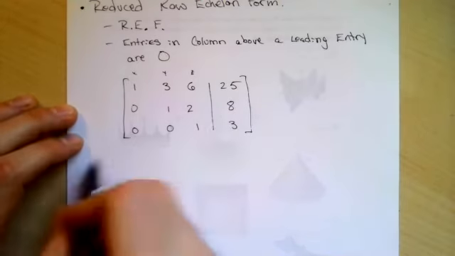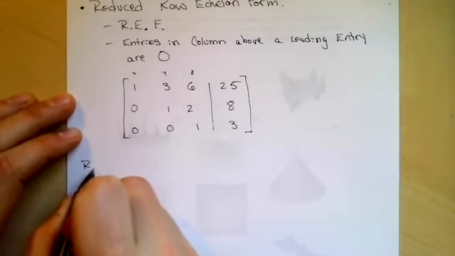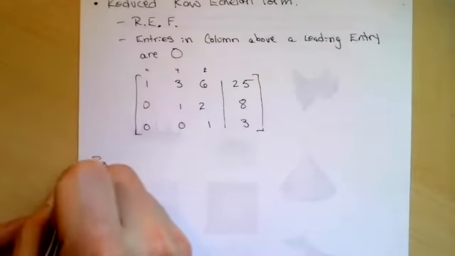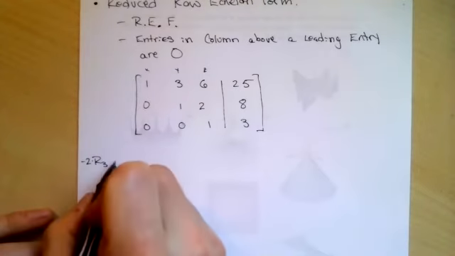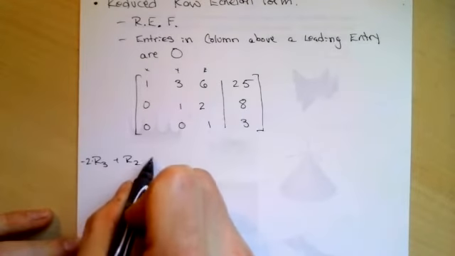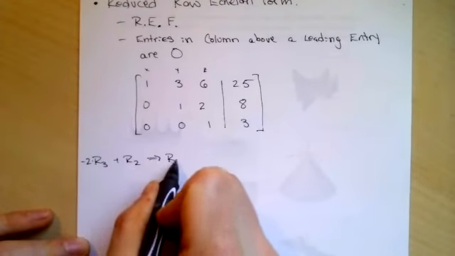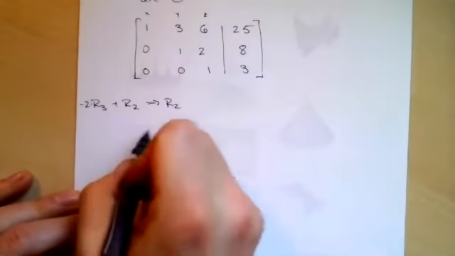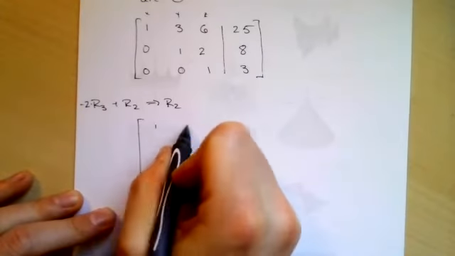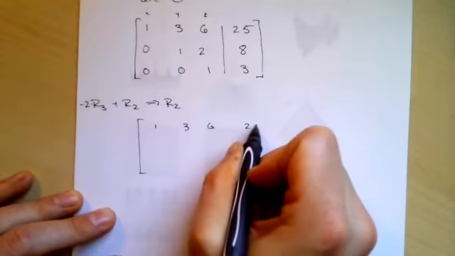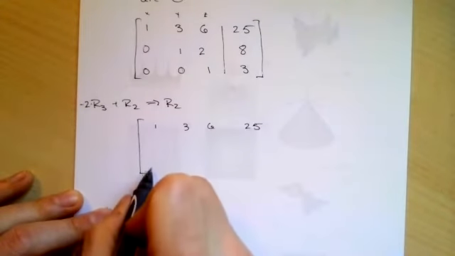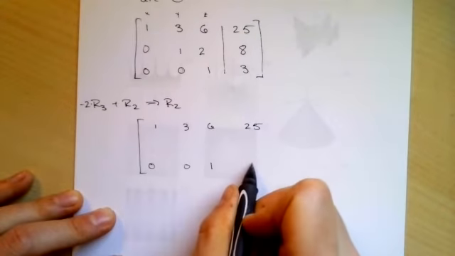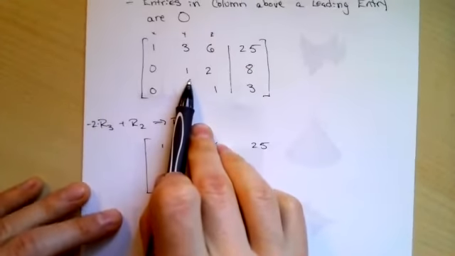So here we have a 1. If we take row 3, multiply it by a -2 again, and then add on row 2, and we're going to replace that with our new row 2, what are we going to have? First row isn't changing. Now the last row isn't changing. And what's going to happen to our second row?